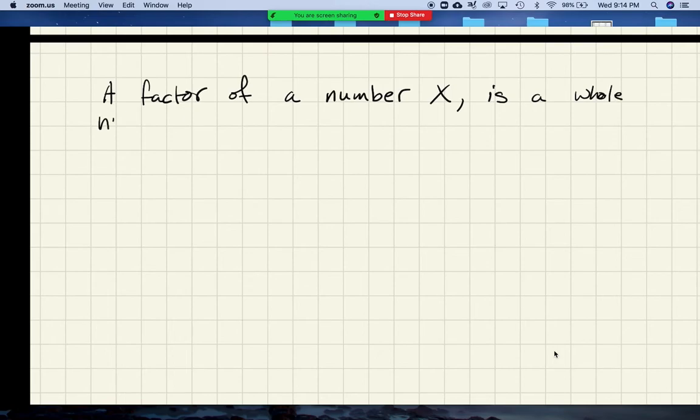Whole number, so no decimals or fractions or anything, that divides x evenly. So if you start out with a number like 32, then a factor of 32 would be any number that divides 32 evenly.